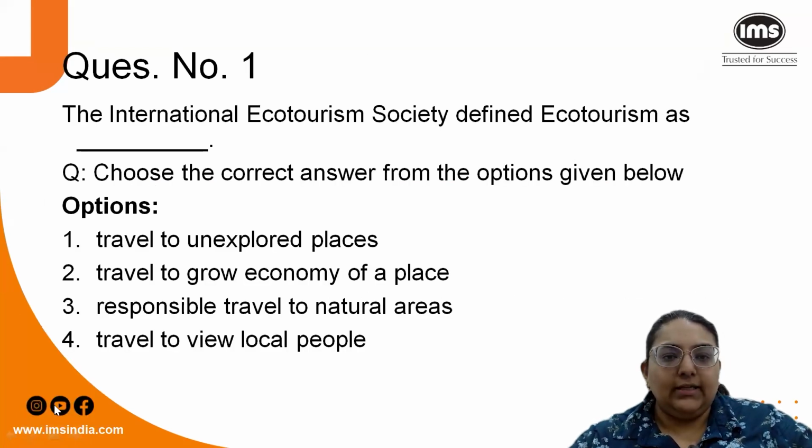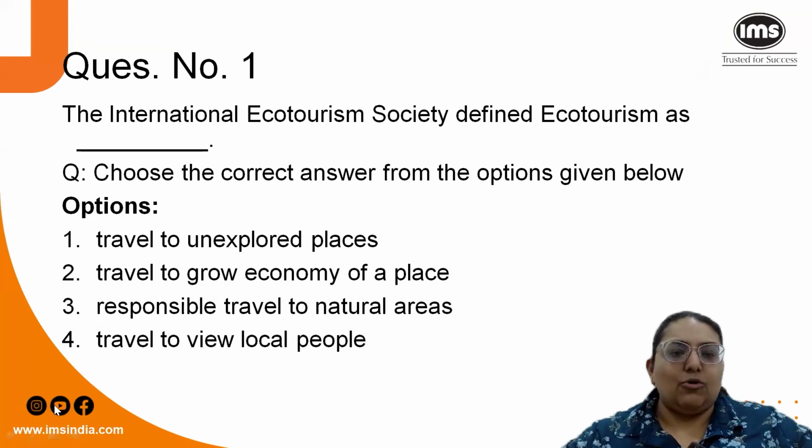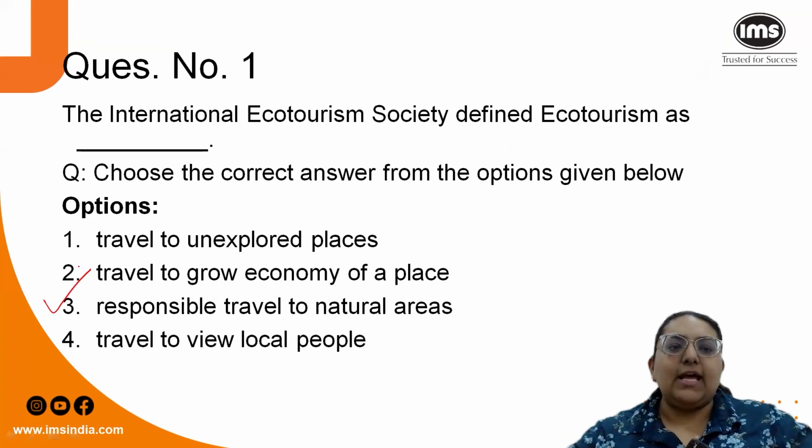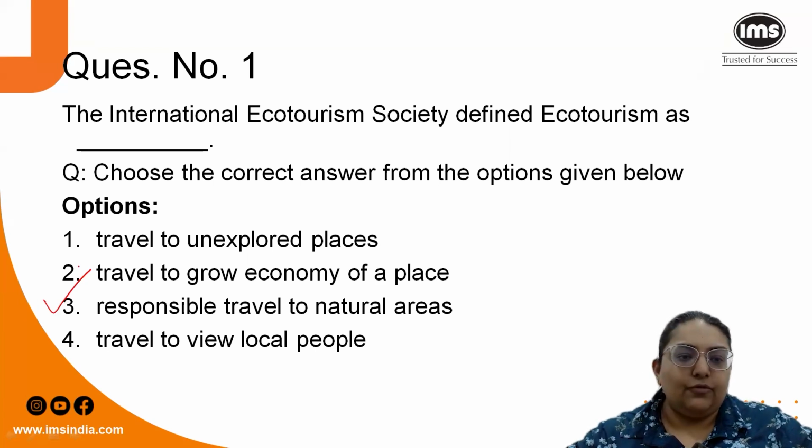Unexplored places, grow economy of a place, responsible travel. Yes, responsible travel to natural areas. The third will be our correct choice, because it has to be responsible and to natural areas. Yes, everyone who has gone for the third option has marked the correct choice. Let's quickly move to the next one.